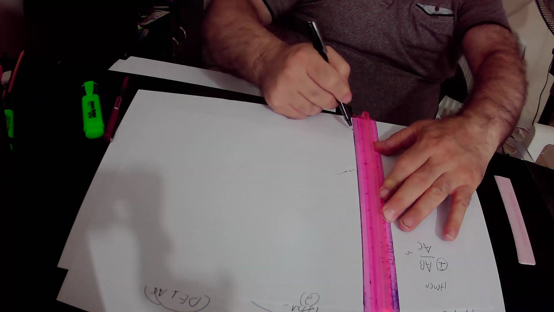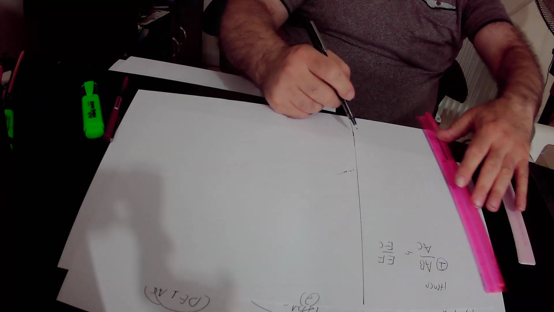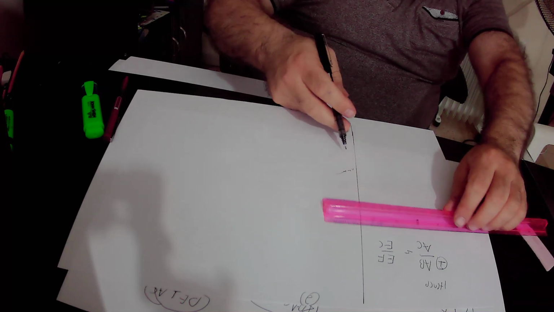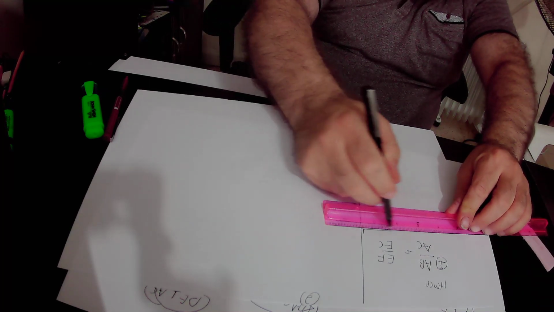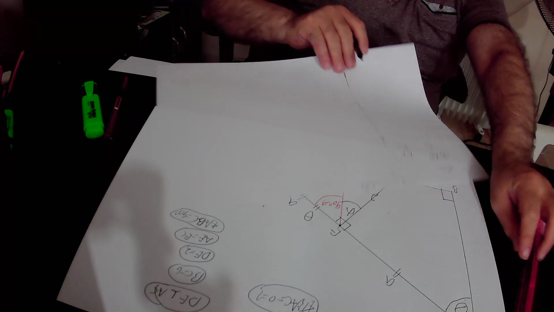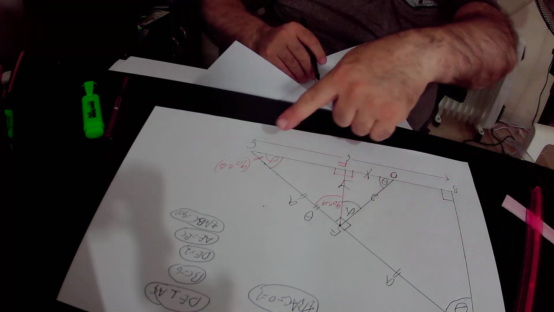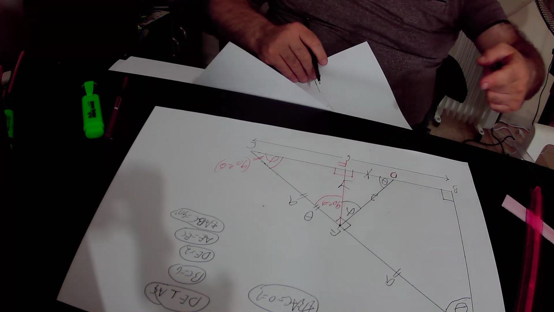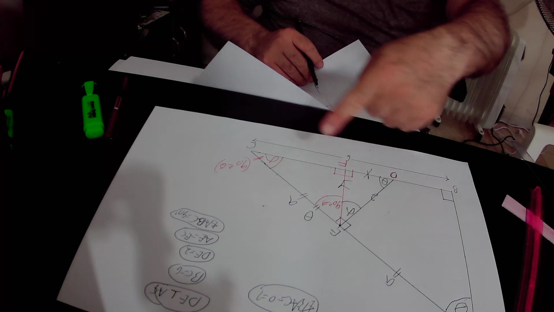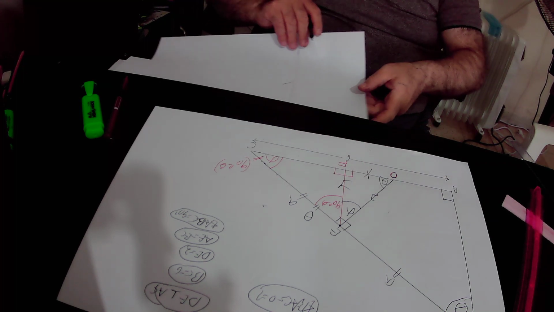I repeat again. From the fact that triangle ABC is similar to triangle EFC, we'll conclude that AB over AC in triangle ABC is equal to EF over EC in triangle EFC.